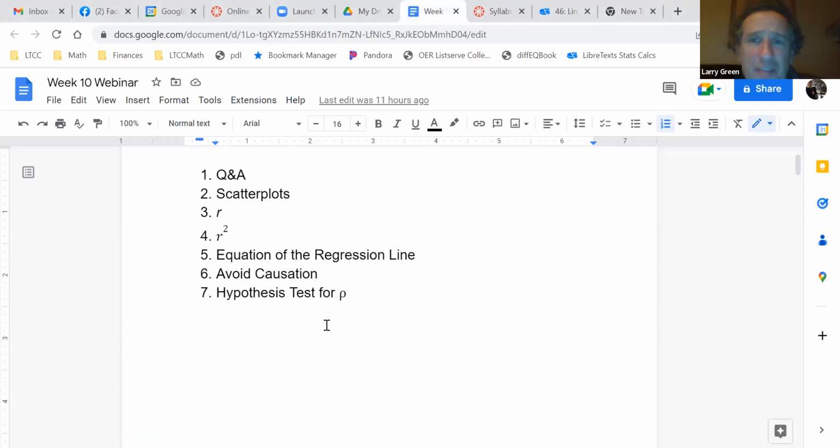Okay, if there are no questions, I want to mention the main idea of what we're doing today and this week. We're going to be doing regression analysis, which is a huge topic. And I want to mention a few things. One is we're only doing what's called linear regression analysis with just a single independent variable.